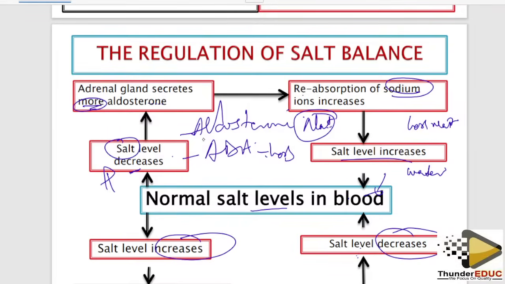Yes. So when ADH brings about more reabsorption, there is a question I saw. I'm going to give it to you so that I show you how you can bring about the interaction of aldosterone and ADH at the same time.